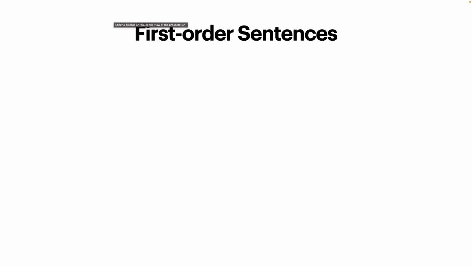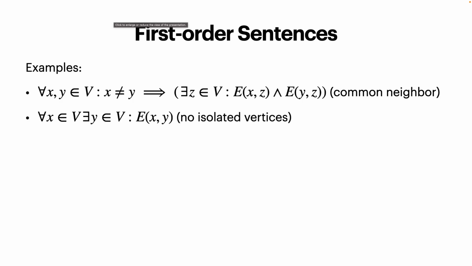And here are some examples of first order sentences in our graph theory. The first one is about any two vertices having a common neighbor. And the second one is no isolated vertices. Those two are going to be true for almost all of the finite random graphs.